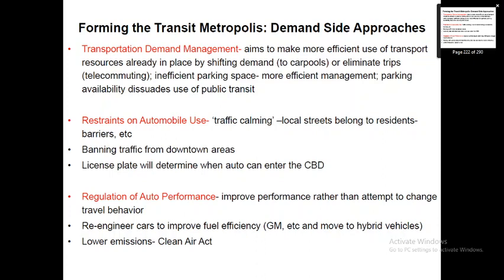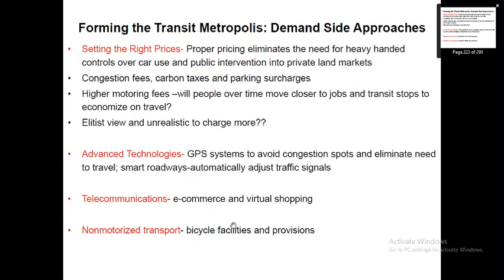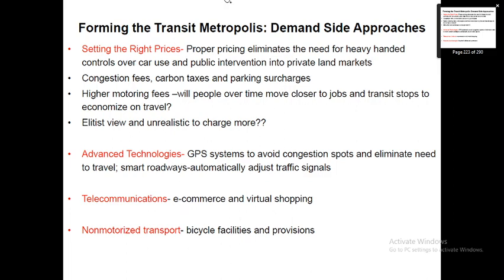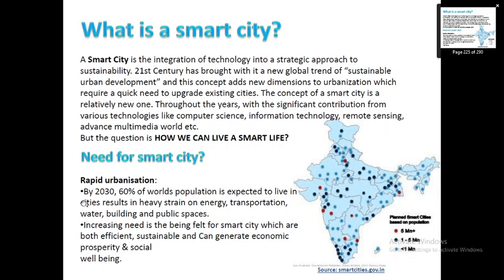As more and more people use public transportation, the money spent on urban transportation reduces, and regulation of auto performance by fuel efficiency means their CO2 emissions can be reduced, and properly pricing the transportation, so it can be affordable, using GPS and other smart ways to adjust according to traffic signals. E-commerce, virtual shopping, and non-motorized transport such as bicycle facilities and pedestrian provisions, etc., can make transit oriented development a great success.